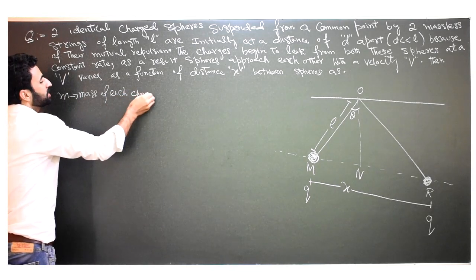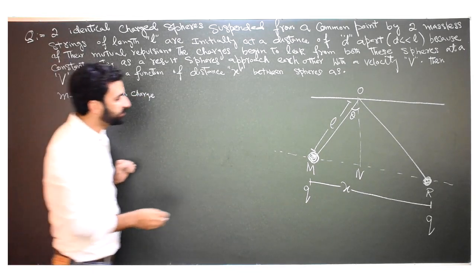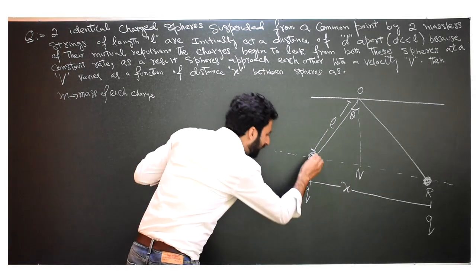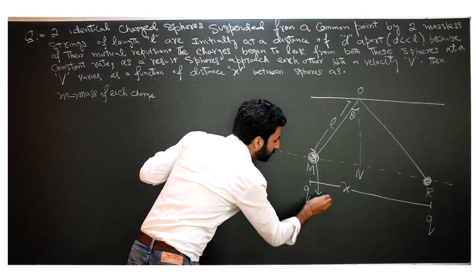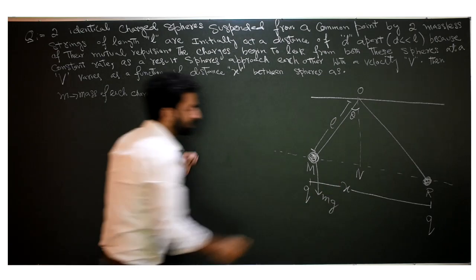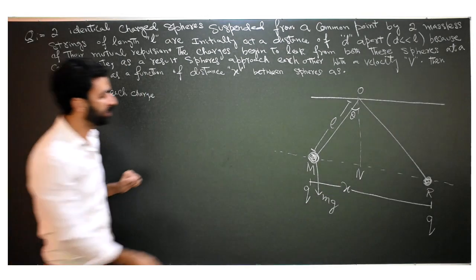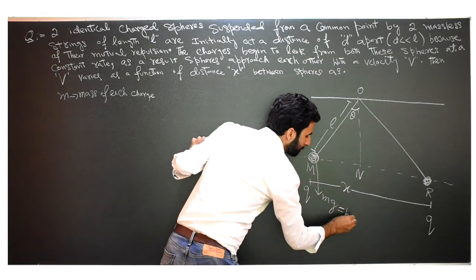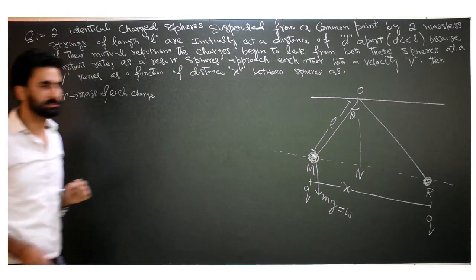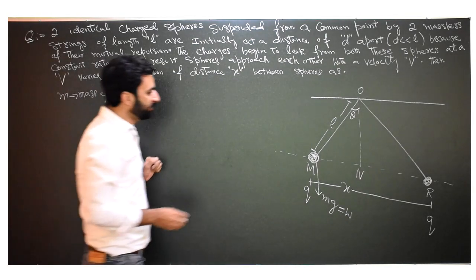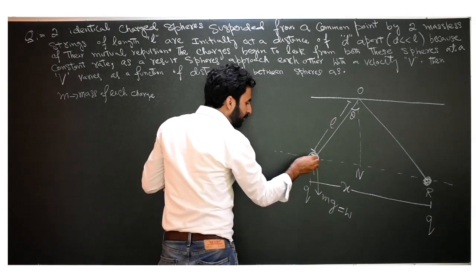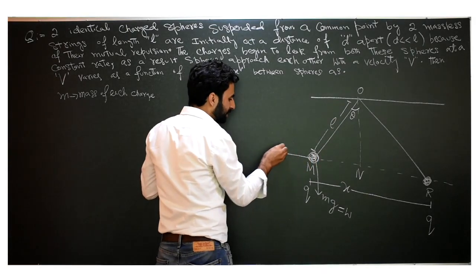The various forces acting are: one force, the weight of the body acting vertically downwards, mg, where g is the acceleration due to gravity. The second force is the electrostatic force of repulsion in this direction.